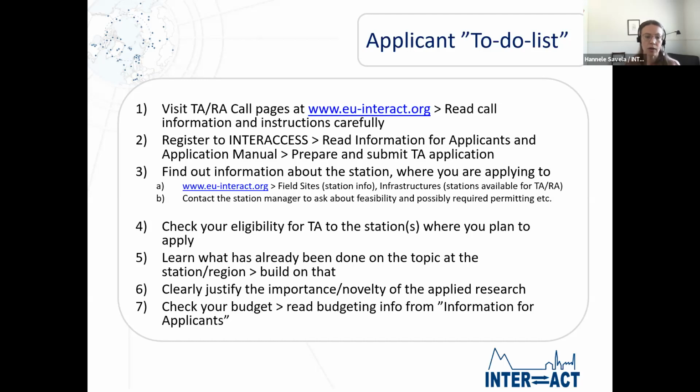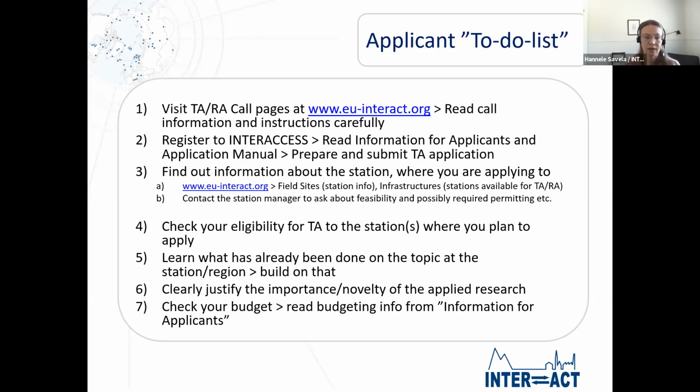Then you should check and think your eligibility for transnational access to the station where you plan to apply, that you are not by accident applying to your own national research infrastructure and then you would be non-eligible for the access. Then you should learn what has already been done on the topic at the station or region and build your research plan based on that information.